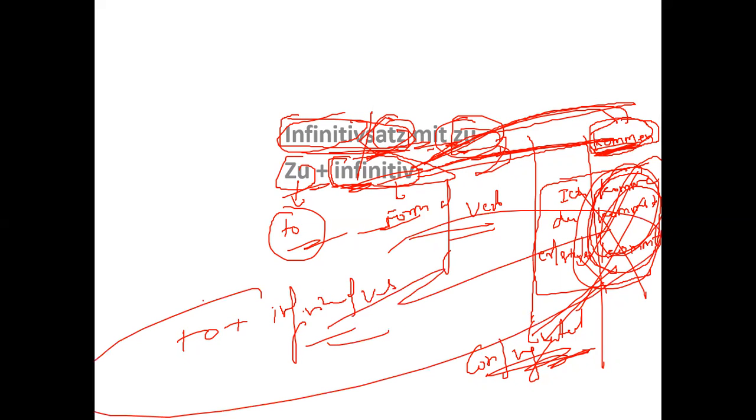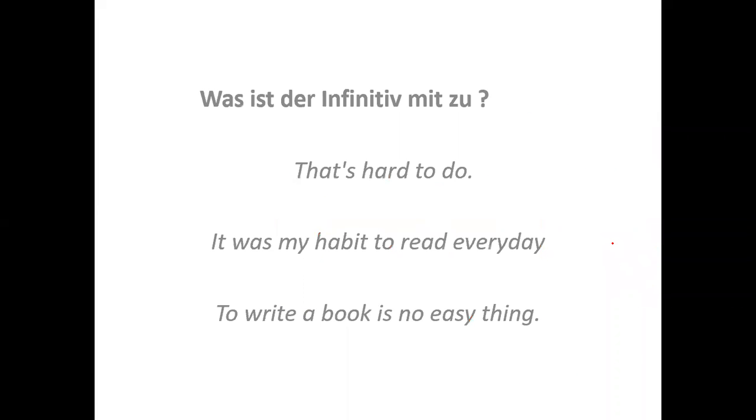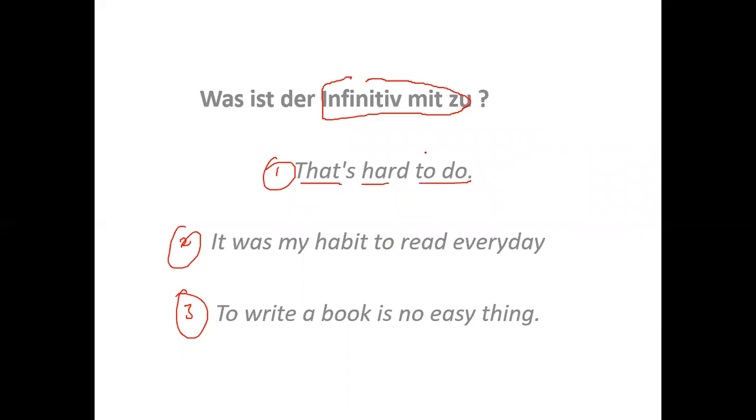Now let's see what this means, with examples and everything. Let's discuss in detail. First of all, if I talk about English, here I have given you three examples, first, second, and third. And you need to identify what is zu plus infinitive. What is infinitive with zu in the first sentence? If I say that's hard to do, so this to and do is the verb.